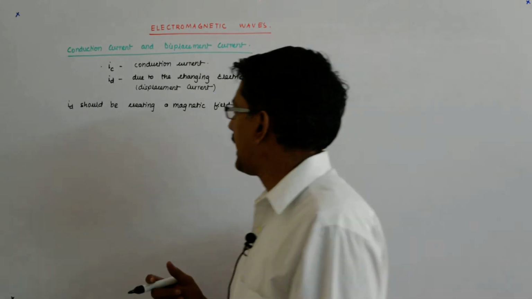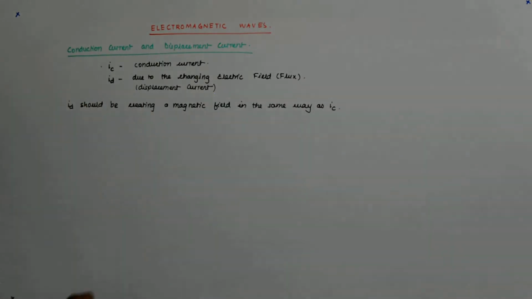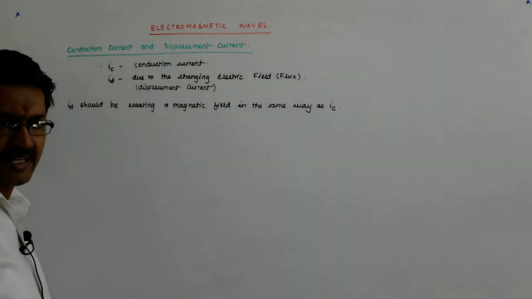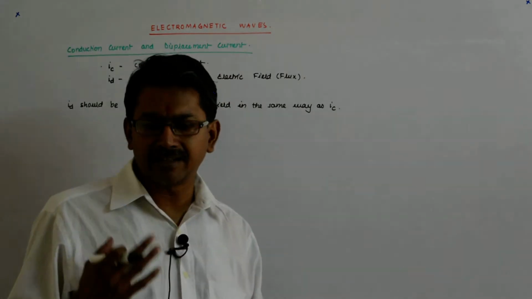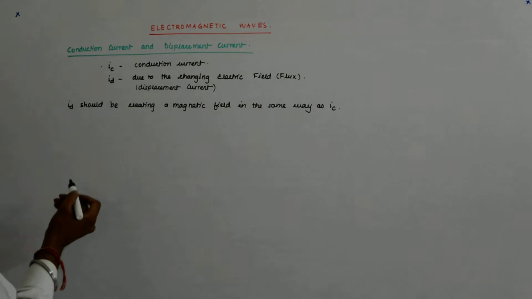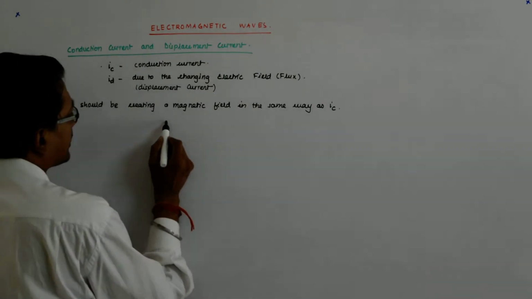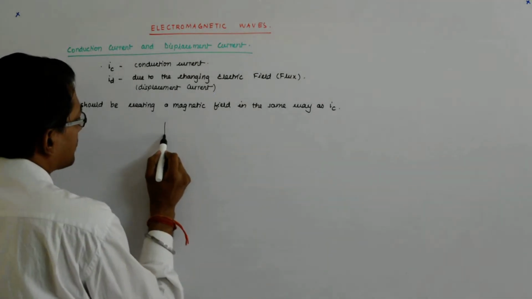And it is not a hypothetical construct. It's not that it should be and it does not. It should be producing and it does produce. So we can actually calculate the field.